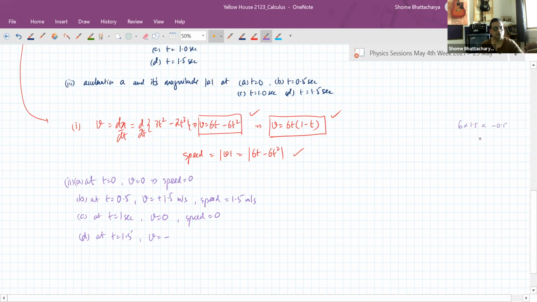So that is 6 into 1.5 is 9, into minus half. So minus 4.5 meters per second, which means that the speed at this instant is 4.5 meters per second. What this actually means is that the magnitude of velocity, or speed, equals 4.5 meters per second, but the direction is along the negative x-axis.